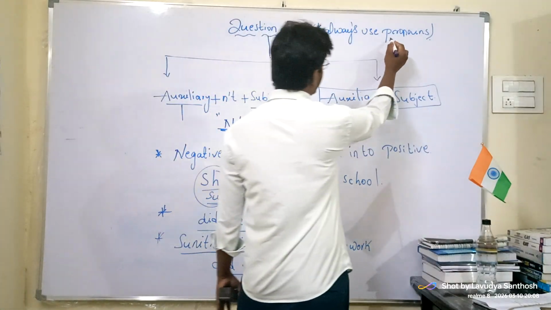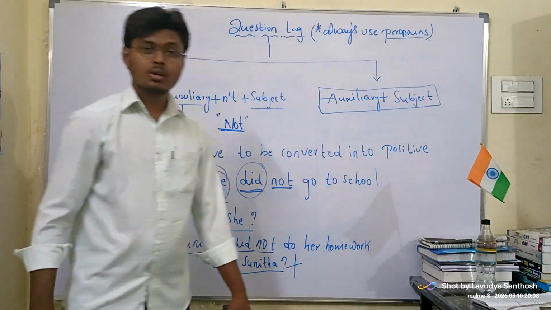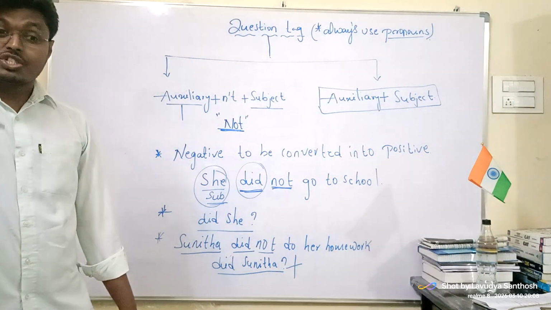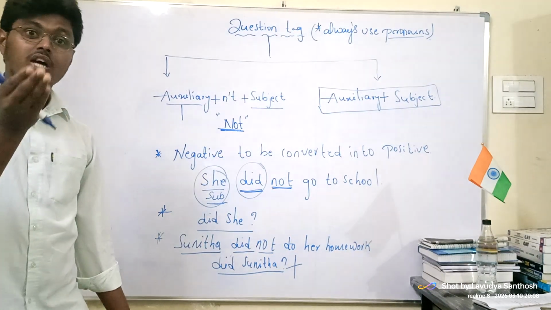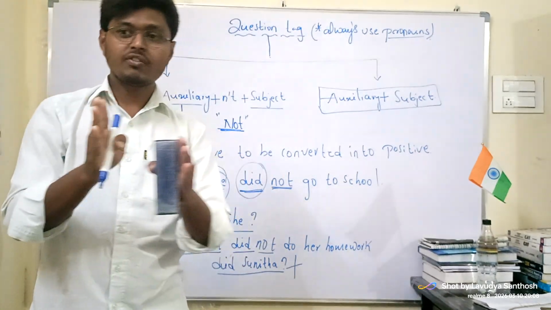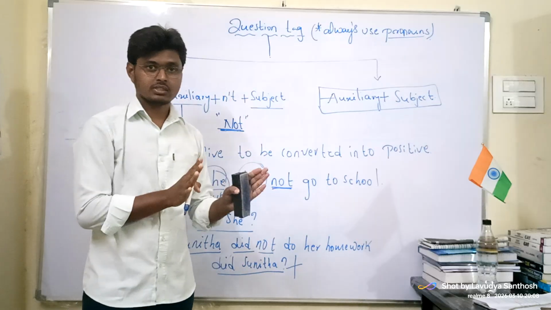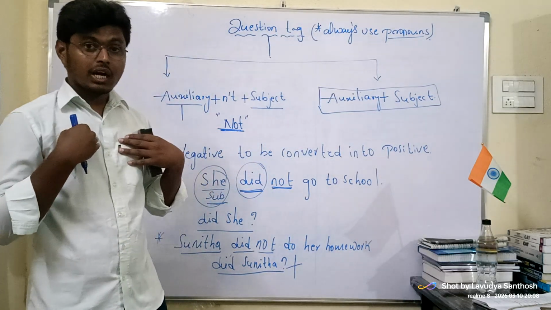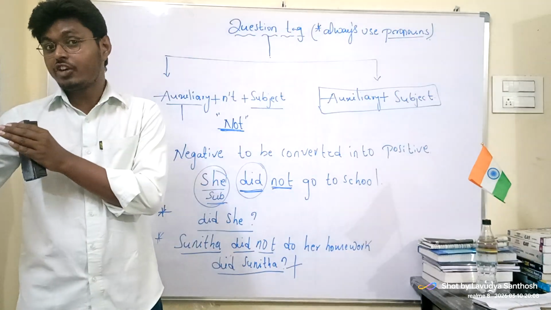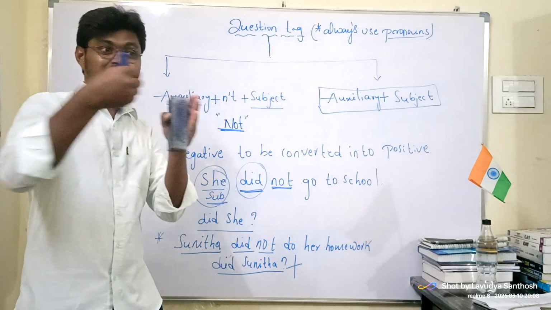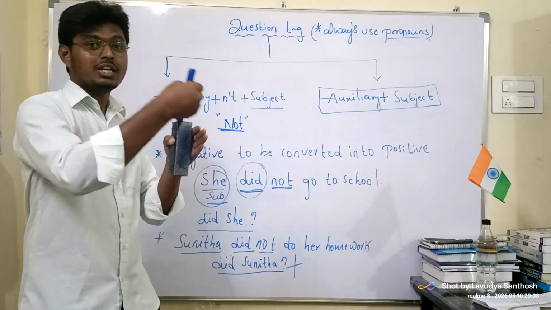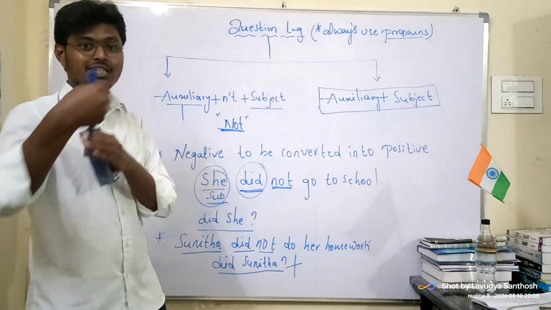Okay, what are pronouns? Pronouns are those words which are used instead of nouns. Nouns are names of things or persons. Now, Sunita, since she is of feminine gender, we use the word she. Sunita is she.